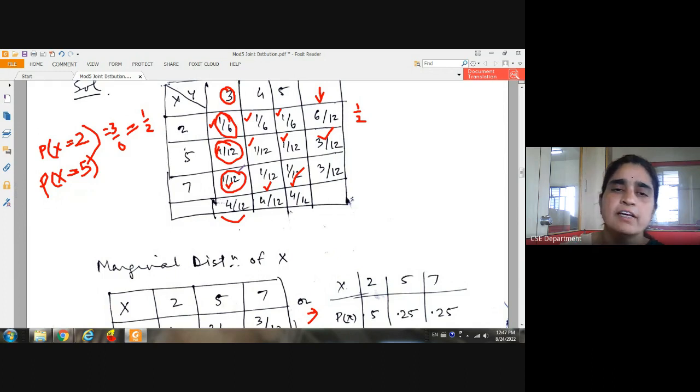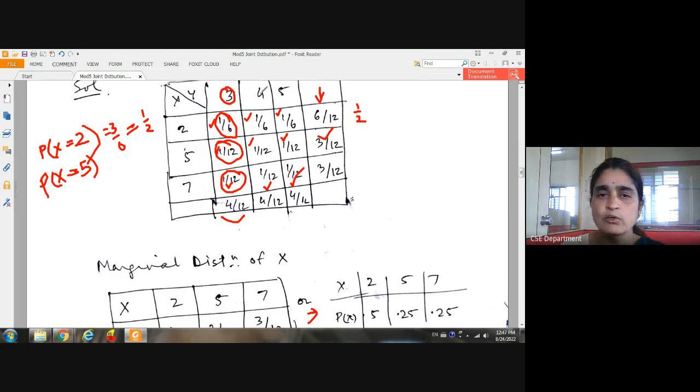Of the 9 ways, 3 ways have y equal to 3. So we add it up and we will find that the total is 1 by 6 plus 1 by 12 plus 1 by 12, which will be 2 by 12 plus 1 by 12 plus 1 by 12. This is 4 by 12.